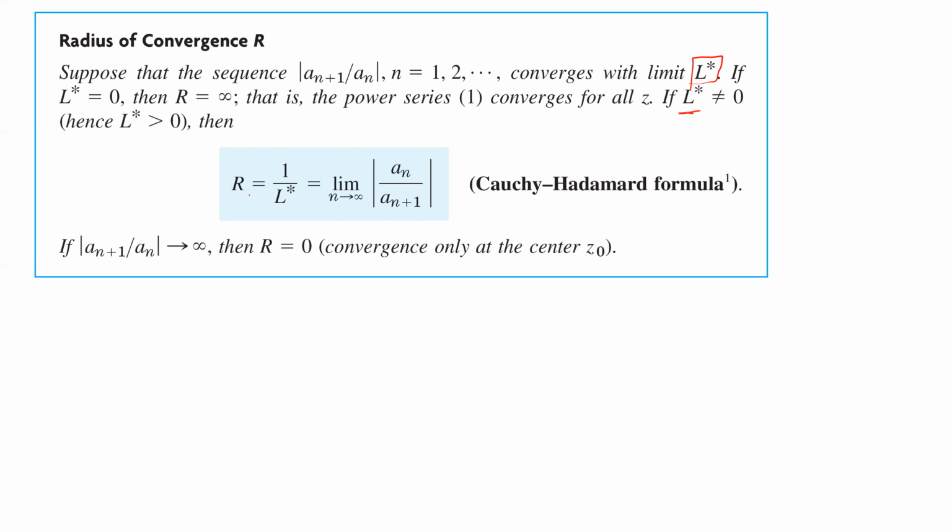And so therefore, R can be written in terms of this limit of a_n over a_(n+1). So if you find this limit, that would be the radius of convergence. And if that limit is 0, it means that the radius of convergence is infinite, which means that the series is convergent everywhere. If the absolute value of a_n over a_(n+1) goes to infinity, then the radius of convergence is 0.